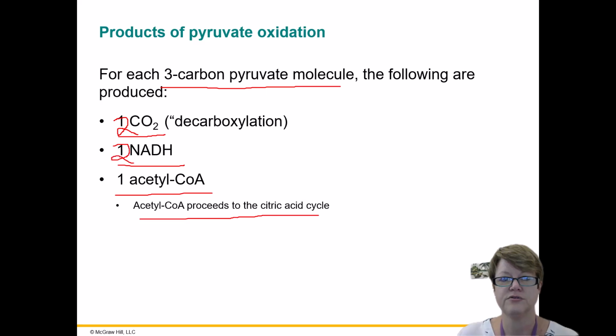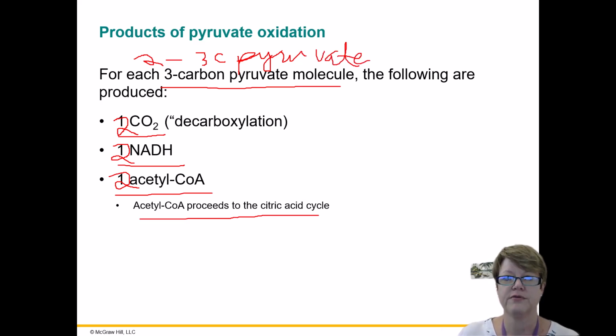That makes 2 CO2s, 2 NADHs, and 2 acetyl-CoAs ultimately. So we multiply everything by 2 to get the total yield here.